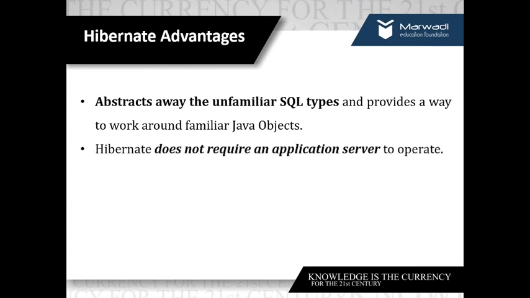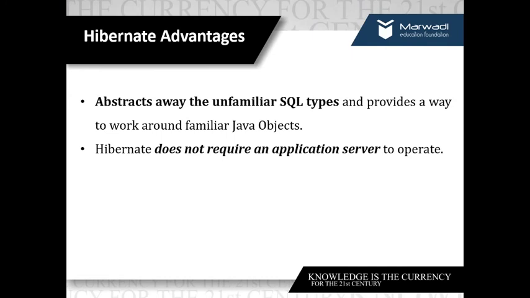Another thing, one of the biggest advantages, is that it does not require an application server to operate. If you consider EJBs, Enterprise Java Beans, then it requires an application server. Till now we have seen technologies like servlets, JSPs, which do not require application servers.